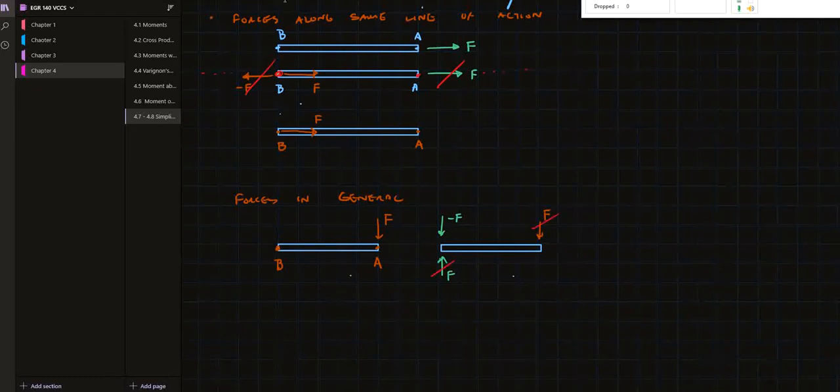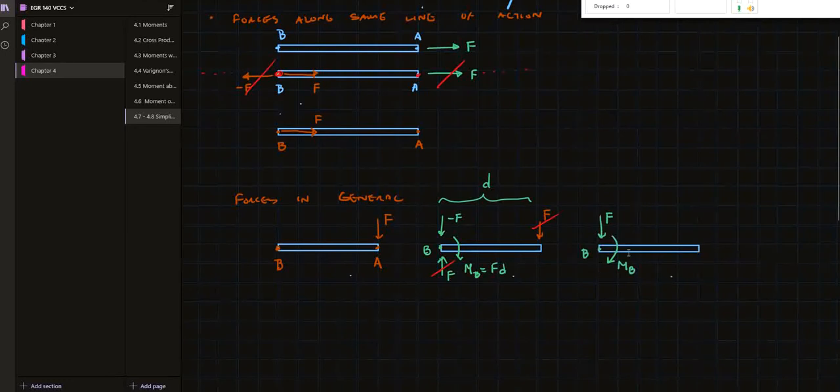But since this was a perpendicular force, it also causes a moment here. So I need to add that in. I've got to have the moment about B equals our force times this perpendicular distance. So that's what I'm left with, a force and a moment.